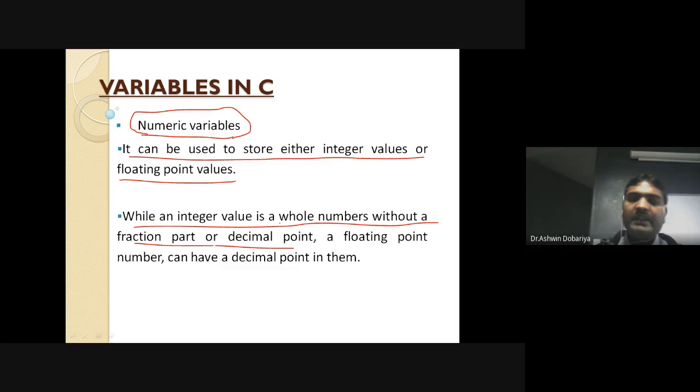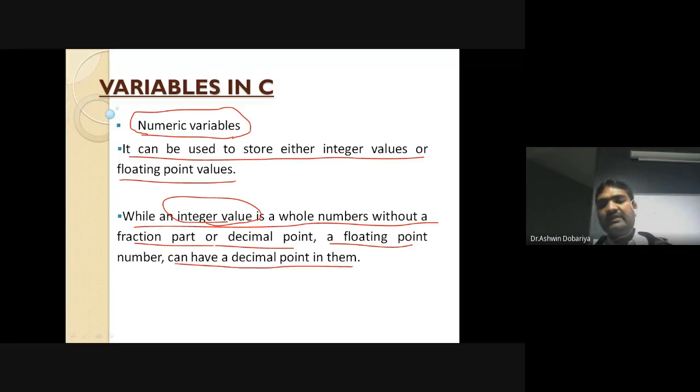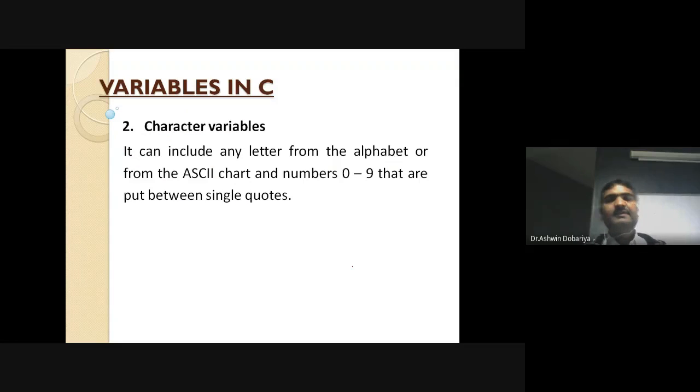So an integer value does not have a decimal point, and a floating point number can have a decimal point, which we already discussed in data types. So integer variables hold only a number without a decimal point, and floating variables hold a number with a decimal point. That is the difference.